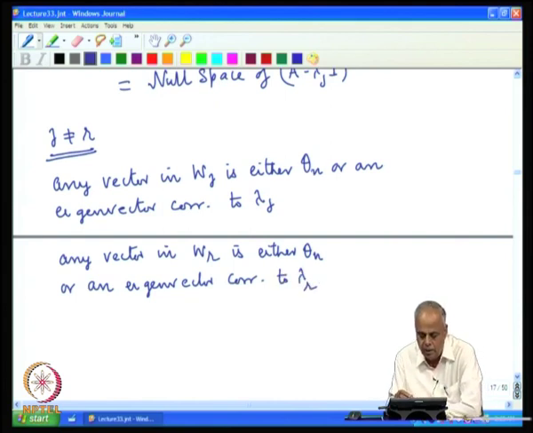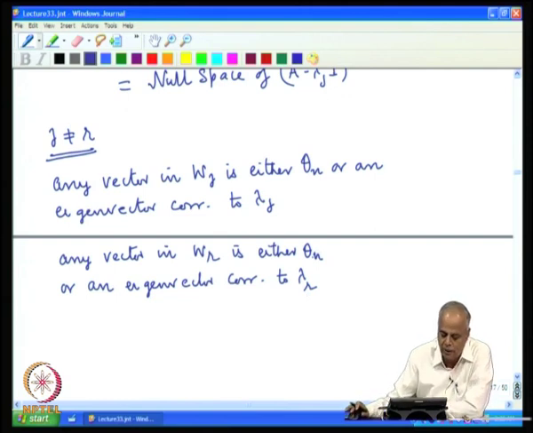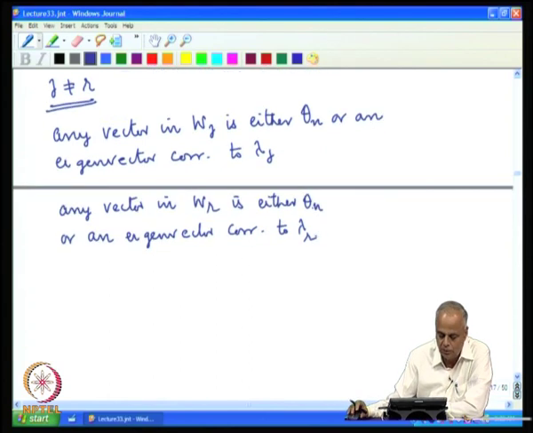Now, the 0 vector is orthogonal to all the vectors, so the 0 vector is orthogonal to all the vectors in W r. If it is not 0, it is an eigenvector corresponding to lambda j, it will be orthogonal to 0 and it will also be orthogonal to all the eigenvectors corresponding to lambda r, because eigenvectors corresponding to distinct eigenvalues are orthogonal to each other.